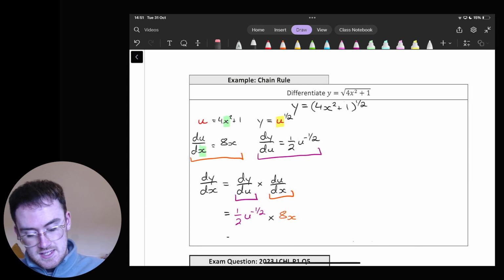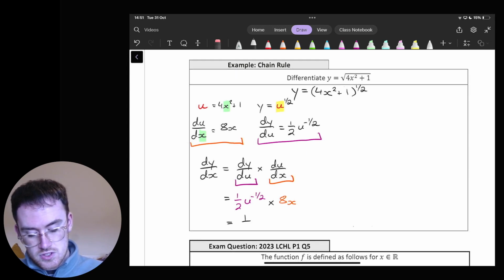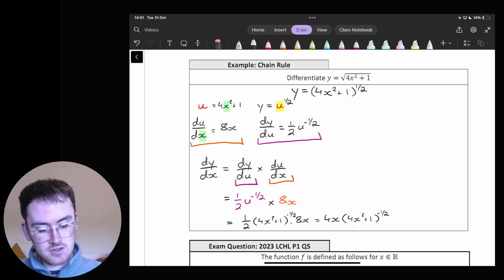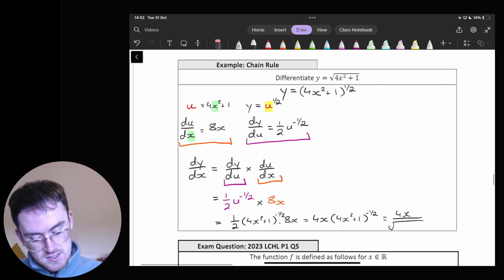And the last thing I need to do is simplify and sub back in for u. So I end up with a half (4x squared plus 1) to the power of minus a half times 8x, which is going to give me 4x times (4x squared plus 1) to the power of minus a half. And I could rewrite that if I wanted, using my indices rules, as square root on the bottom.